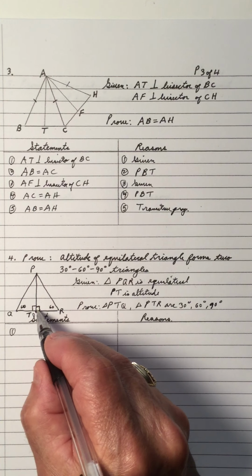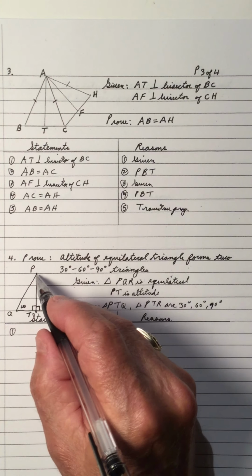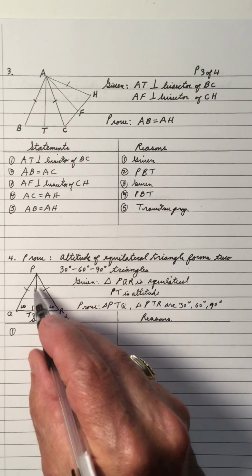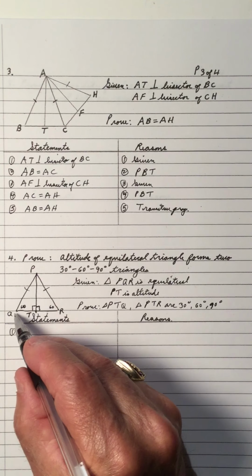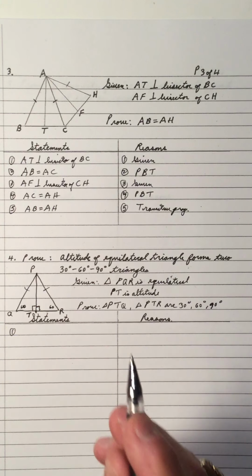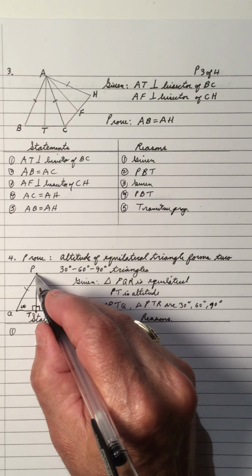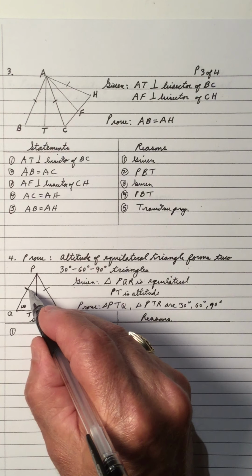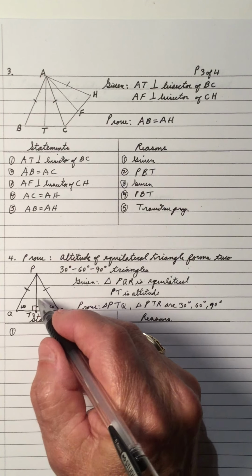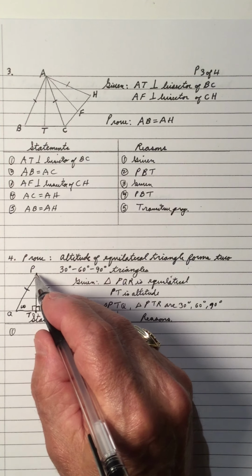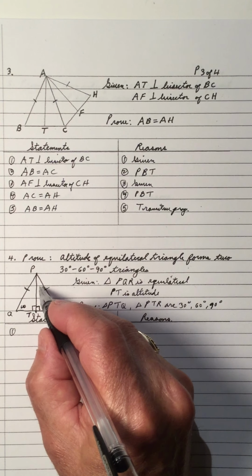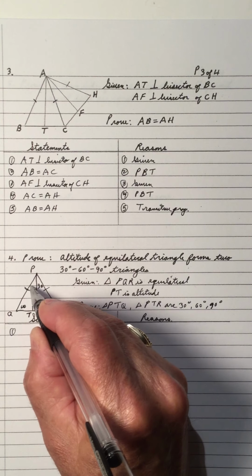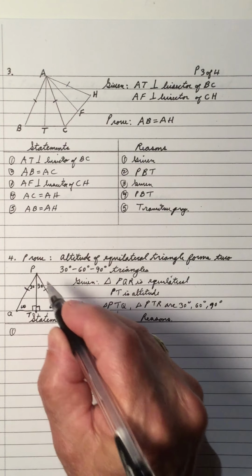Notice that all the sides are equal. So PQ equals PR equals QR, because all sides are equal. So this altitude is drawn from the vertex angle, so this also is an angle bisector. So this 60-degree angle is broken up into two angles that are equal because it's a bisector, 30 and 30.